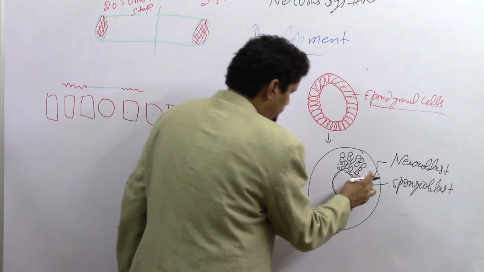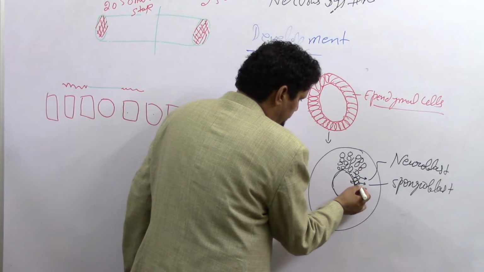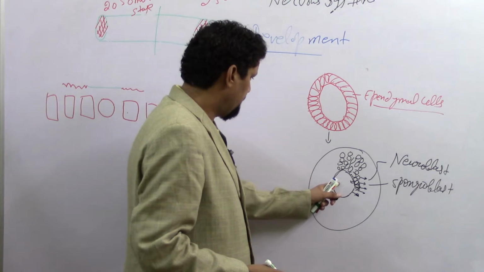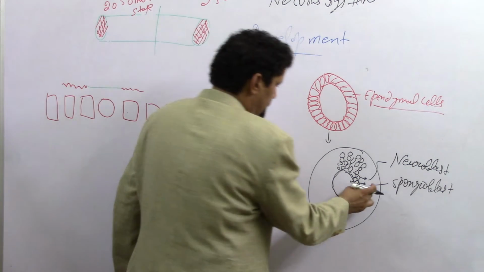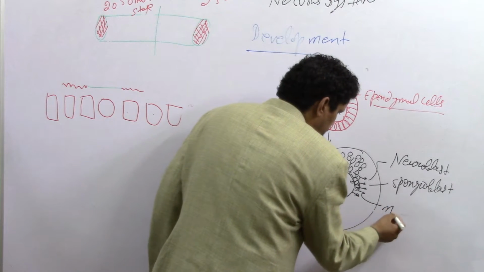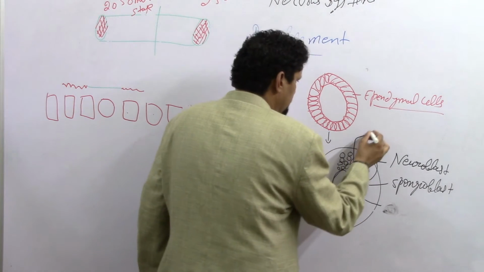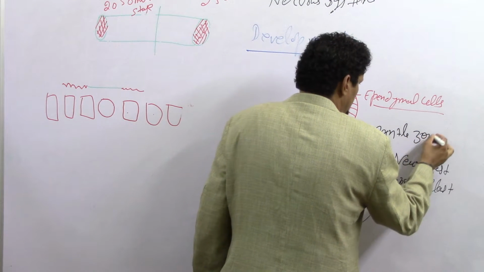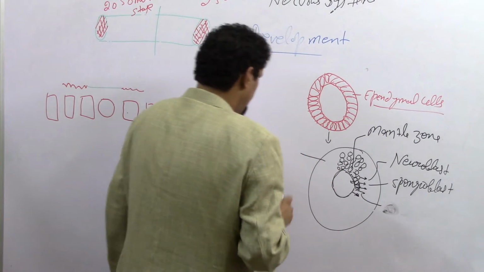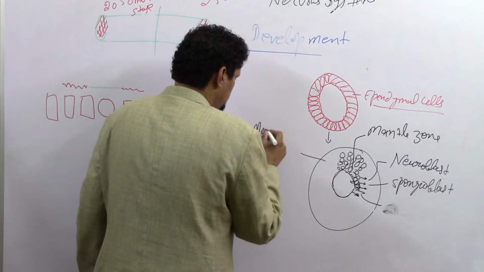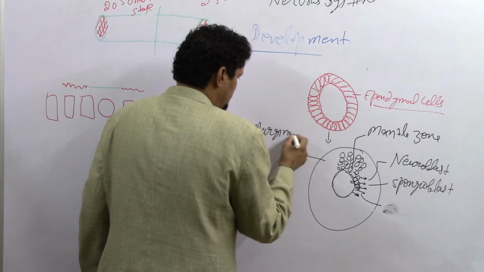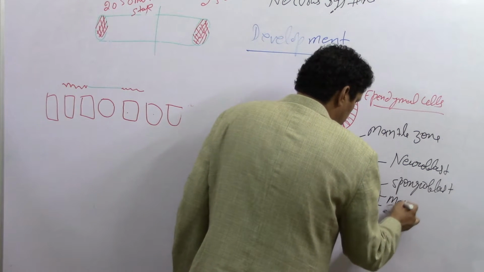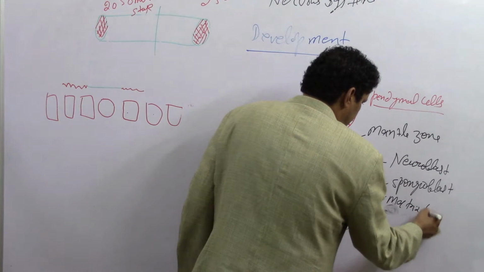It is the ependymal zone which will cover the central cavity and the ventricular system in the later part of development, and the middle part is known as the intermediate zone or mantle zone, and the outermost part is known as the marginal zone. The ependymal zone is also known as the matrix zone.